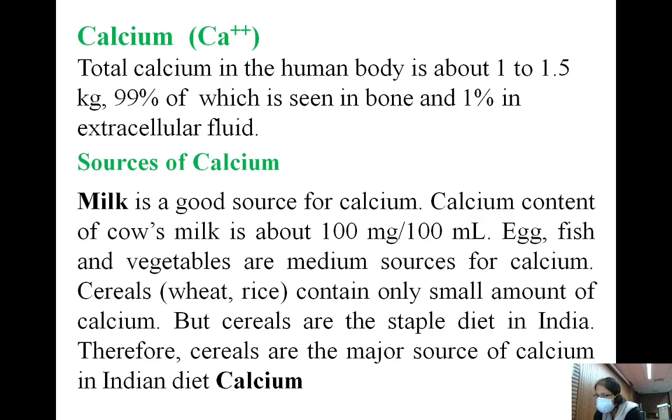Even though transferrin concentration is 300 to 350 milligram per dl, TIBC means that much transferrin can bind only 300 microgram per dl of iron.